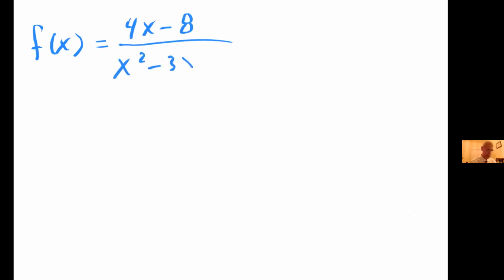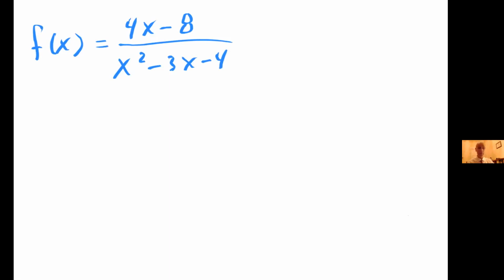We're starting with f of x equal 4x minus 8 over x squared minus 3x minus 4. The first question I'm going to ask myself is, is there a factor on the numerator that could cancel a factor in the denominator? In other words, is f of x in its most reduced form?